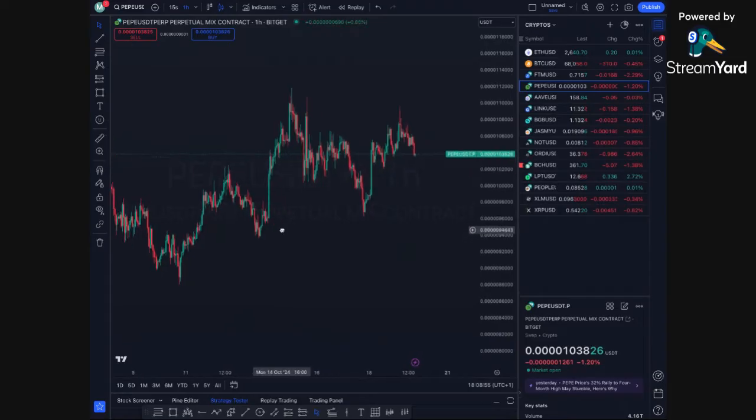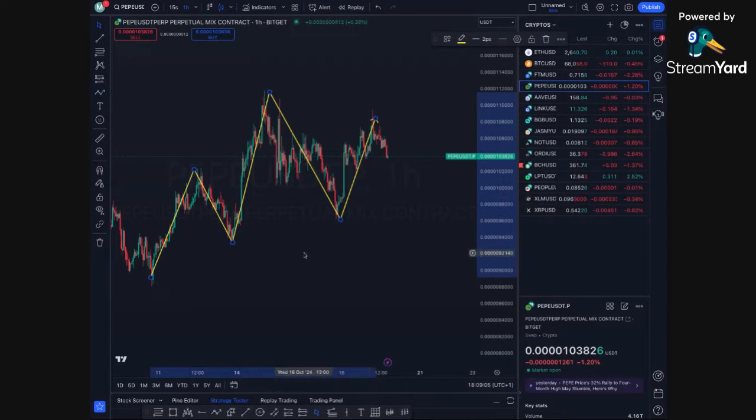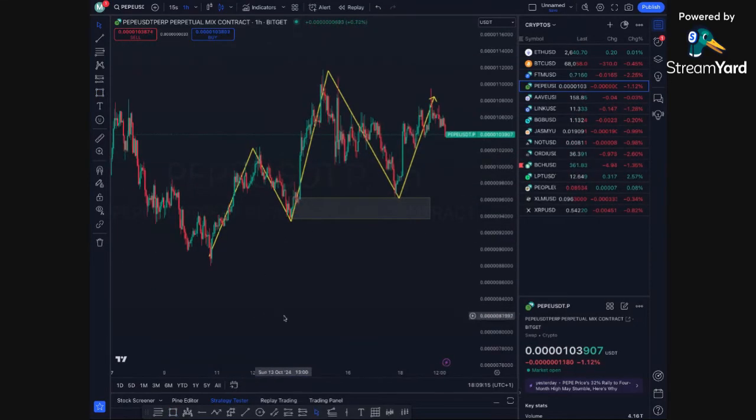Now look at this one. Let's start from here. You can clearly see this is a bullish trend. Now, you know, when it comes back to the ultimate zone, you want to be buying.